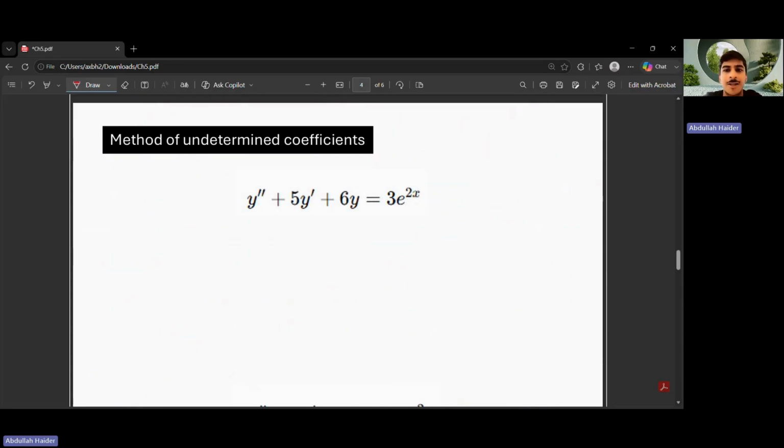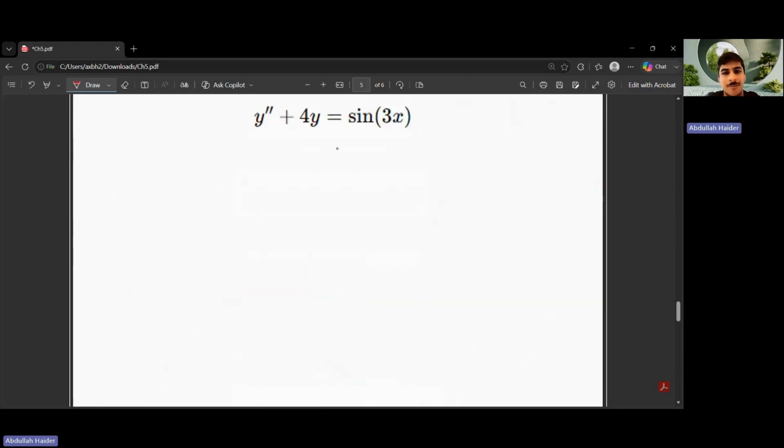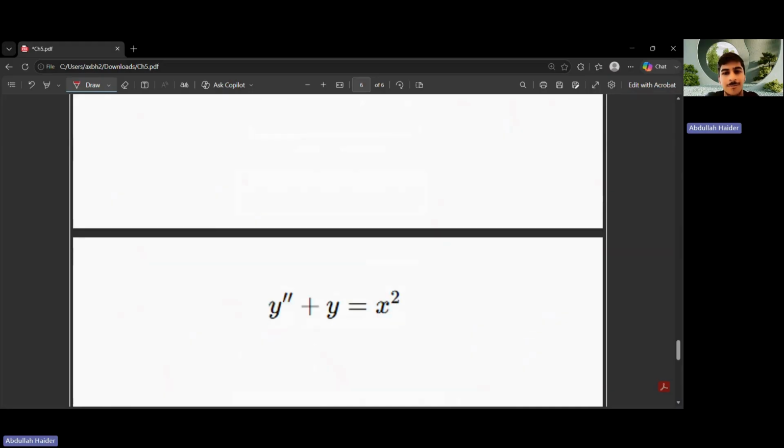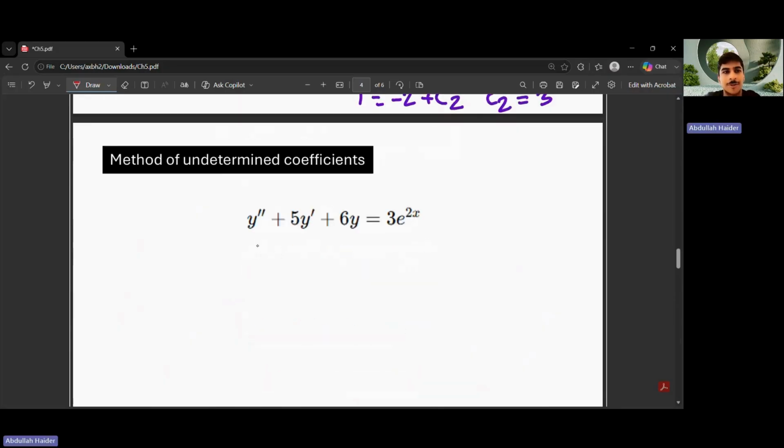In this case, we have 3e power 2x, which is exponential. And in the later questions, we have a sine, and then we have a polynomial. So for the method of undetermined coefficients, you have 3 cases on the right hand side.